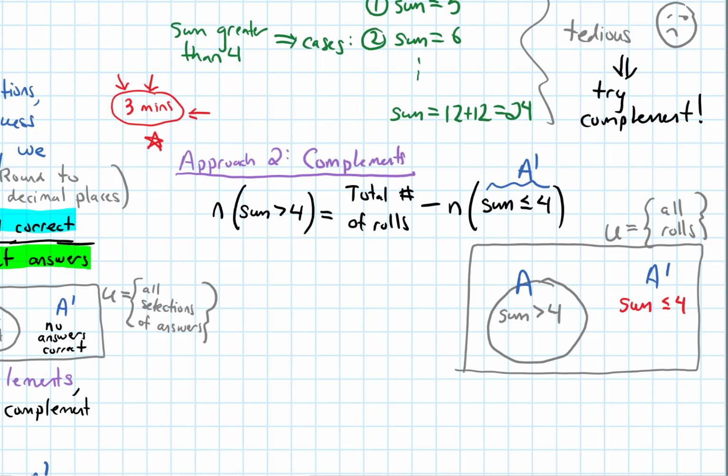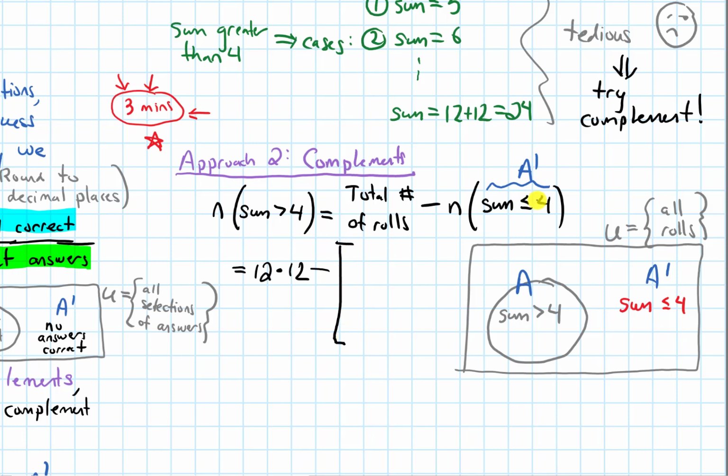Okay, so let's see if we can work this out. This is going to be equal to the total number of rolls. Well, we've done that before. There's 12 choices for each roll, so we get 12 times 12. And then minus the number of ways for the sum to be less than or equal to 4. There are a few cases to consider.